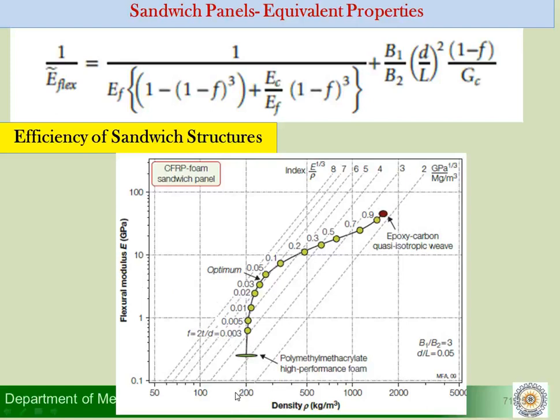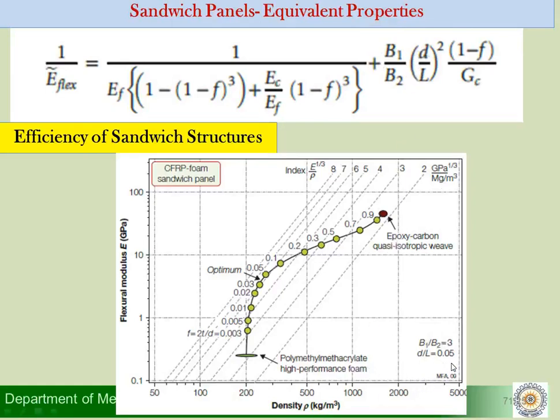Keep it in mind that you have predicted the density also using the simple rule of mixture. So you can use that density expression and this E expression for plotting these values for B1 upon B2 as 3. This one is plotted for B1 upon B2 or C1 upon C2 as 3, and D upon L as 0.05.